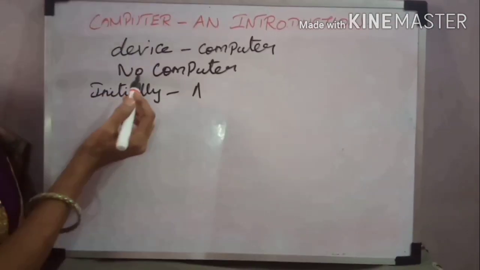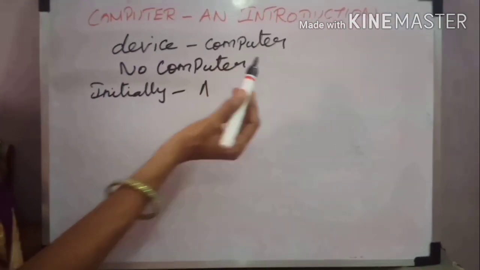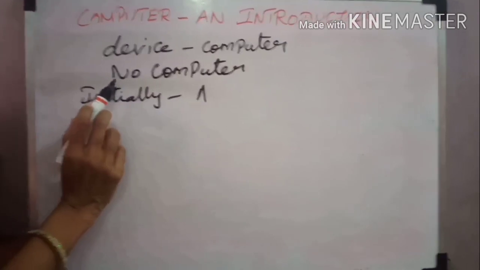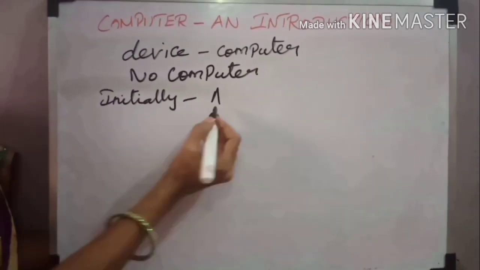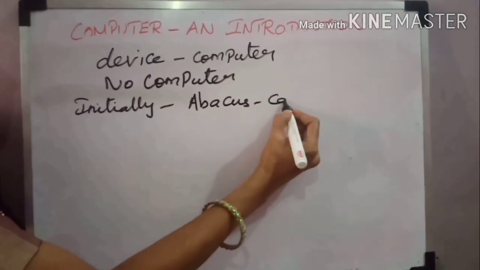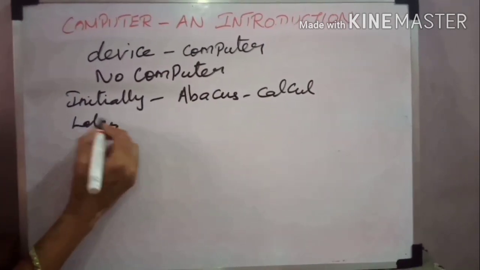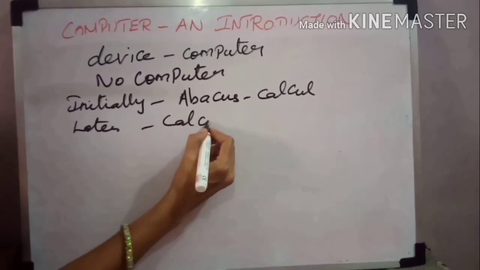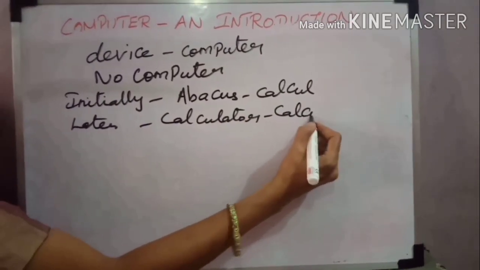Children, can you tell me which device was used before the invention of the computer? In the early stage, when there was no computer, initially people used the abacus for calculations, and later they used the calculator for calculations.